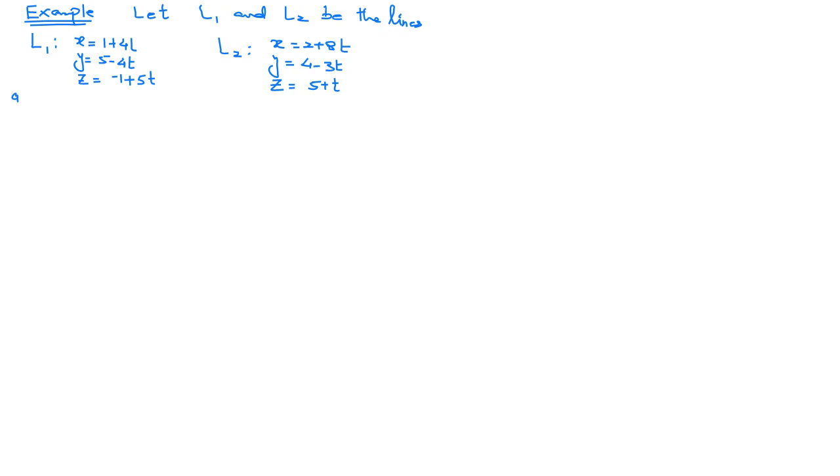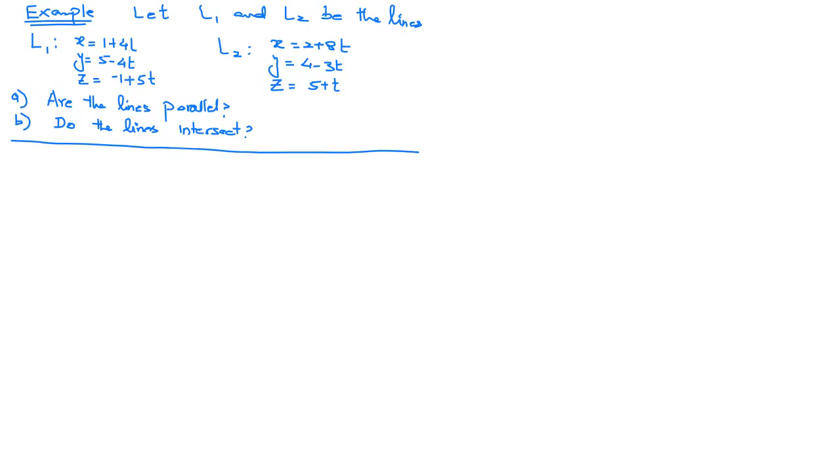We have to show whether the lines are parallel, and the second part is whether the lines intersect. These are the two parts of the question, and we have to explain in detail why and how they are parallel, and if they are not parallel, why they are not parallel.